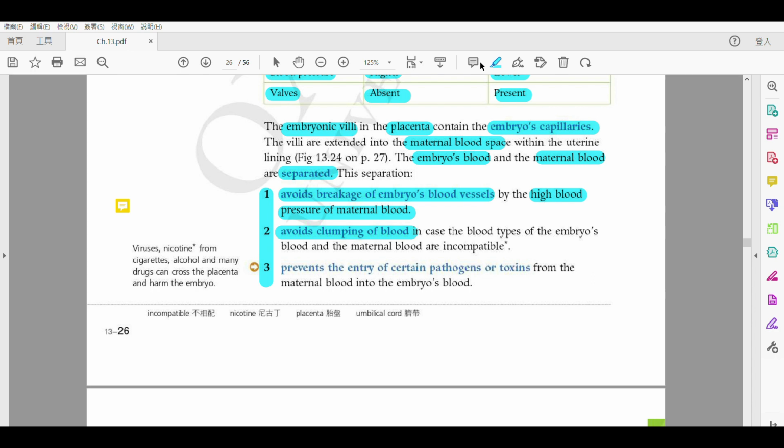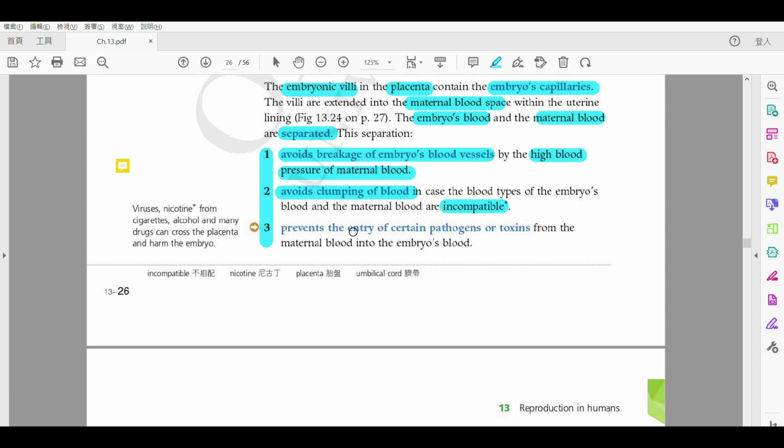If the blood types do not match, they are incompatible, which will result in clumping of blood. You do not need to recite every word, just the meaning: if blood from the embryo and the mother is incompatible, it will lead to clumping of blood.